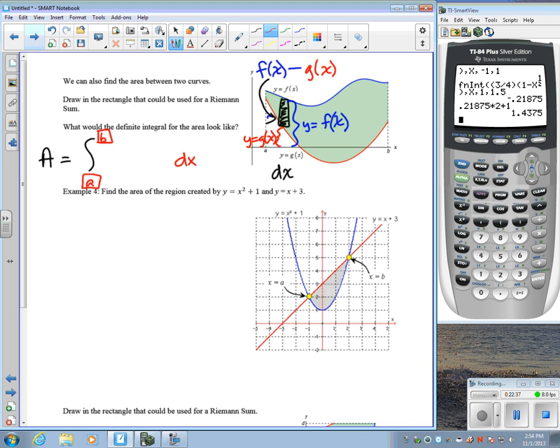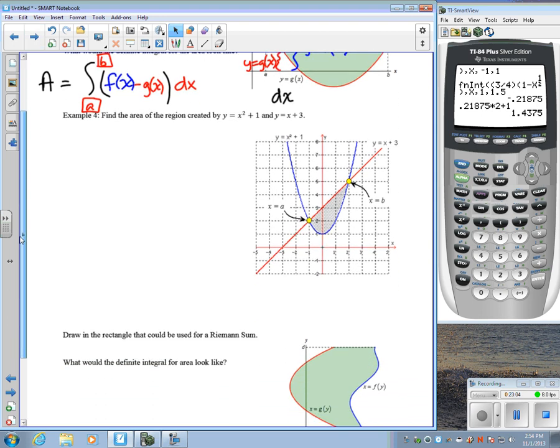And then I'm going to have the height of the rectangle. Well, the height of a rectangle is actually its own little expression. In this case, it's the highest curve, the top of my rectangle, the furthest away from the x-axis, minus the lower curve, the bottom of my rectangle, the closest to the x-axis. So that would be the definite integral for that particular problem.